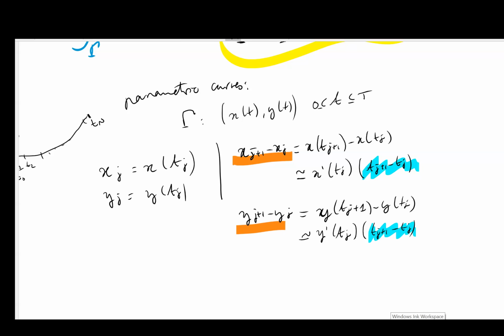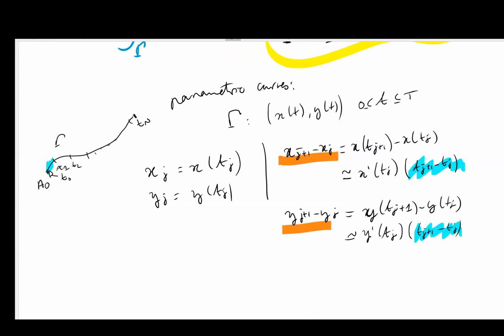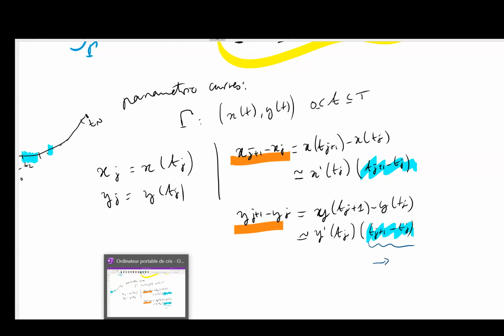And so the idea is that when my interval between 2 points becomes infinitesimally small, this thing tends to some infinitesimal displacement, but in the same variable, dt.